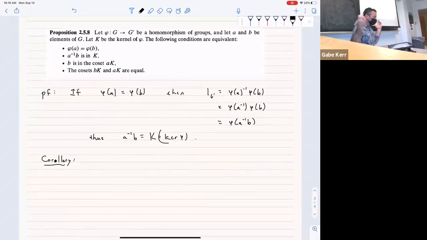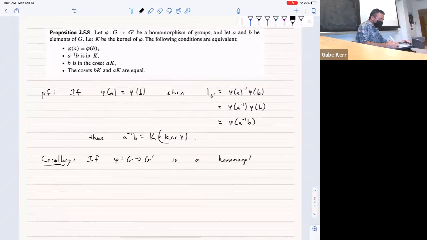It's a very helpful thing to remember: if phi is a homomorphism from one group to another, then it is injective, which is one-to-one, if and only if the kernel of it is the identity.